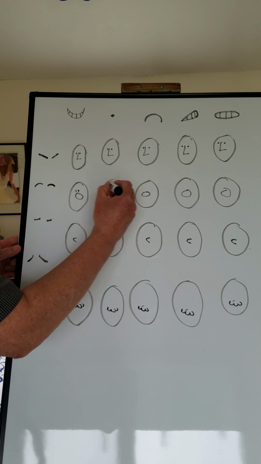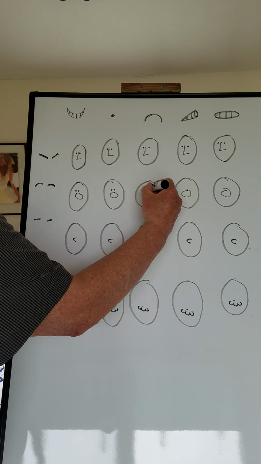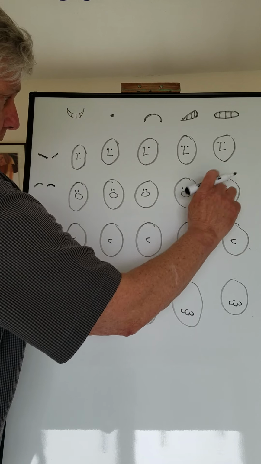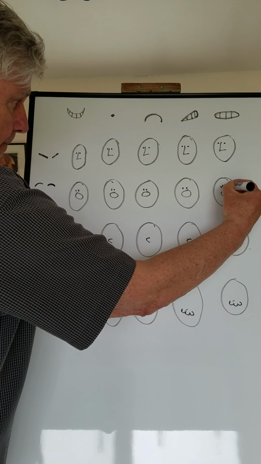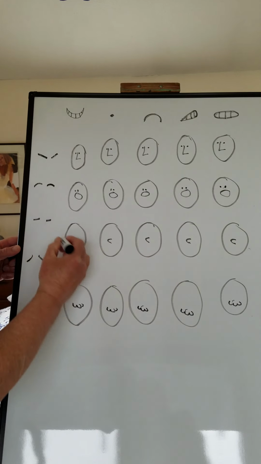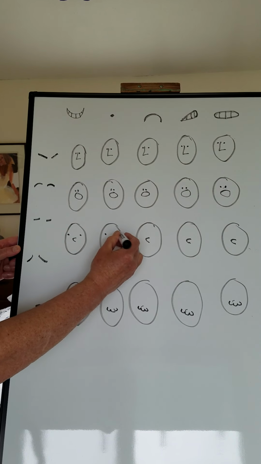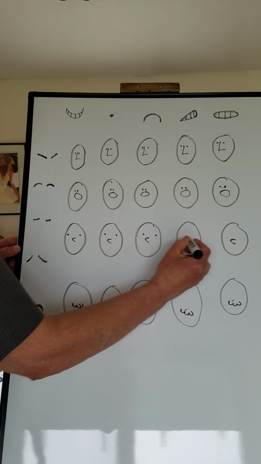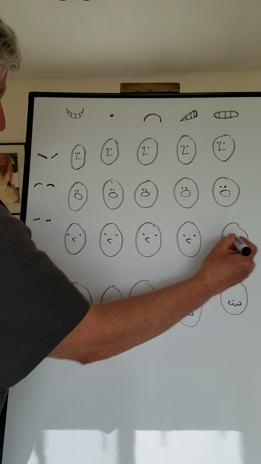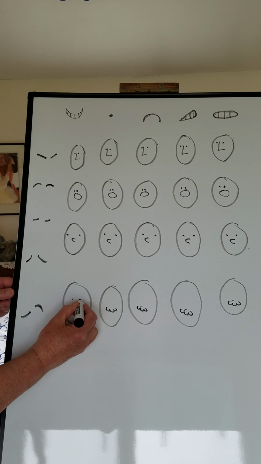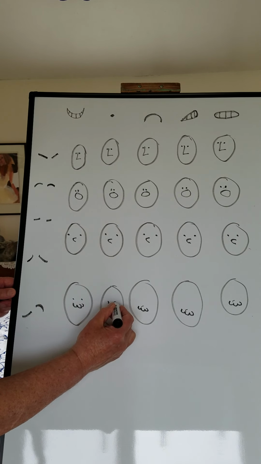Okay, more dots above the nose. And on this next one, let's do wide dots above the nose. How about that for just something a little bit different? And dots above the nose.